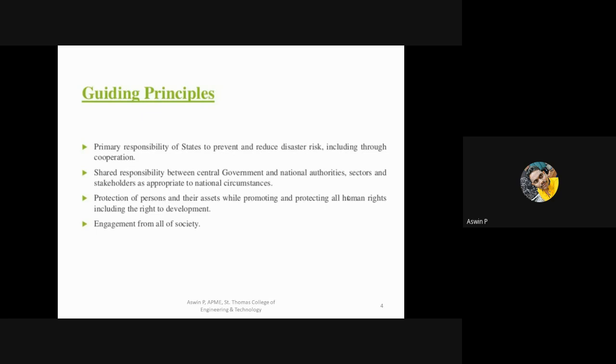We cannot say that in a flood situation, in an earthquake, as well as in a road accident, we can take the same safety measures. We should take different safety measures. As we know, in road accident cases, we are forcing people to wear helmets and seat belts. It's according to disaster management policy only.